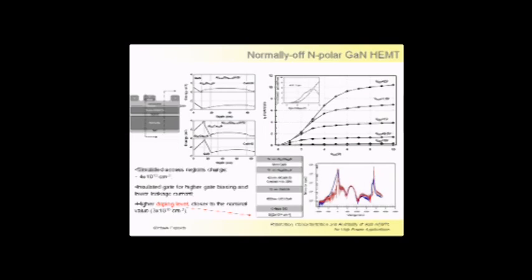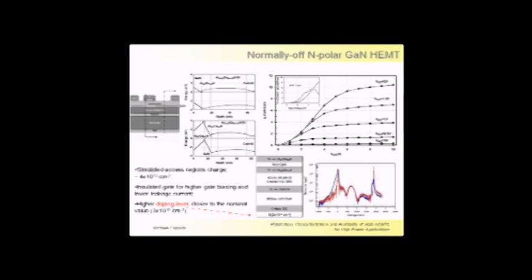Here are the energy band diagrams. In the access region, the top one, we can see that the conduction band goes below the Fermi level, but below the gate, using a thick AlGaN layer on top, there is no 2DEG, so there is no conduction.